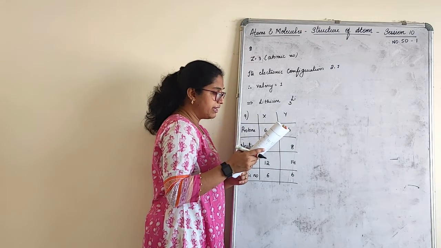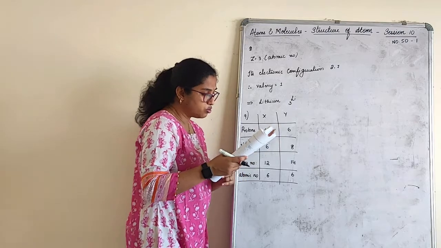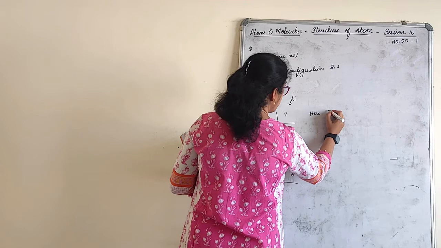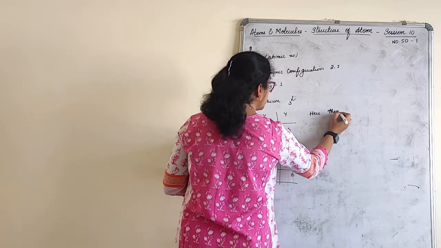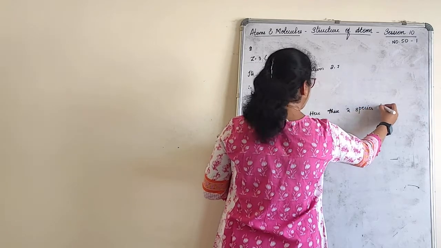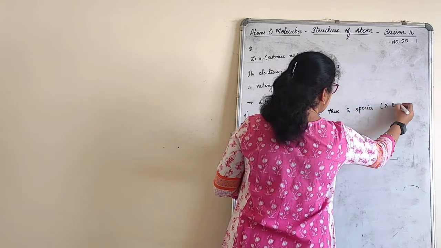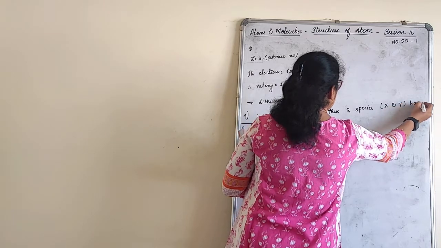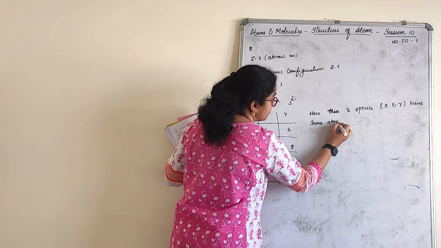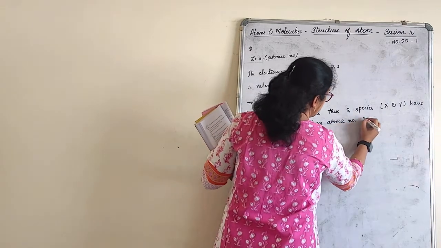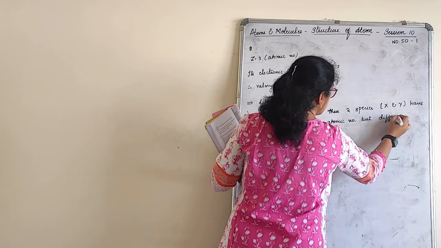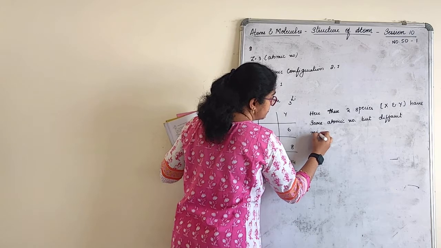What we have to find now? Composition of nuclei X and Y are given. What is the relation between these two species? These two species X and Y have the same atomic number but different mass number.